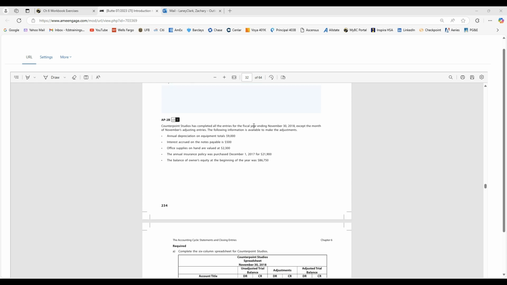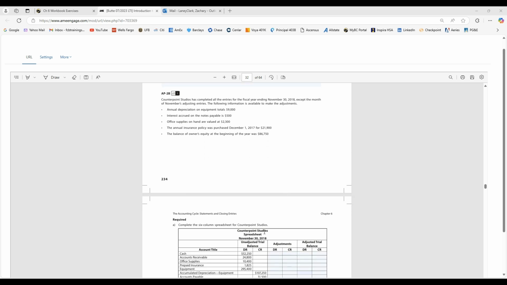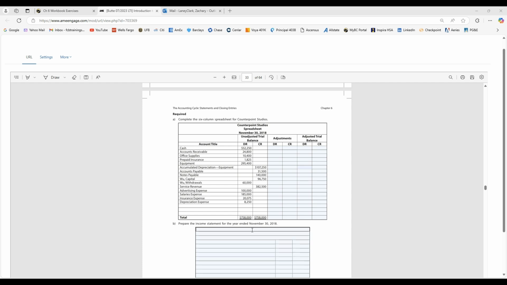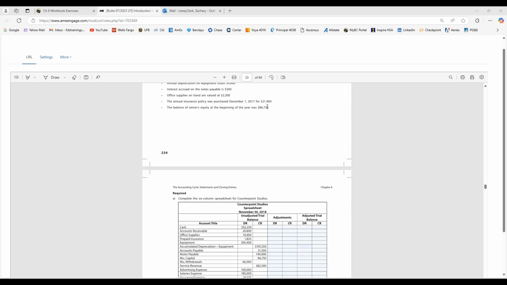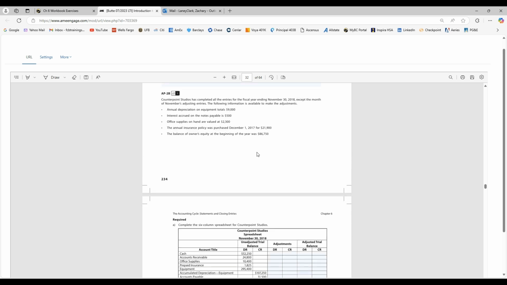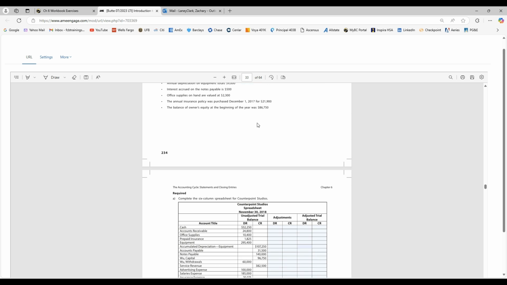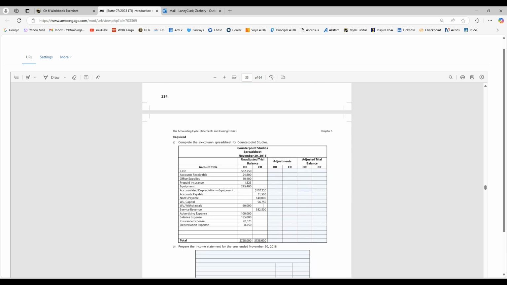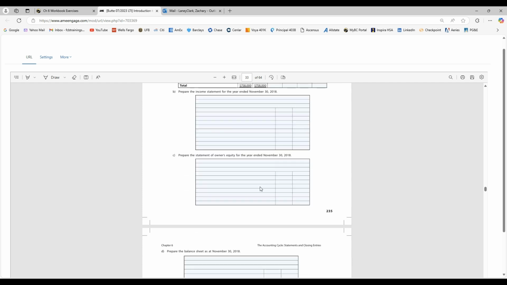This is for the complete fiscal year ending November 30. Usually in a lot of the problems, we have the year ending December 31st, but this one is ending in 2018. So when we're preparing these financial statements, it will be for the full year. If we know that 86,750 was the total to start, and now we have 96,750, we can infer that there's $10,000 of contributions, additional investments, to get from 86,750 to 96,750. So when you do the statement of owner's equity, you'll want to have 86,750 as your beginning capital, and then put 10,000 for your additional investment.